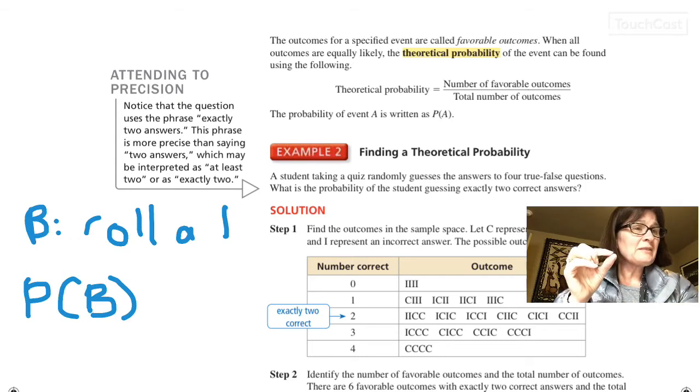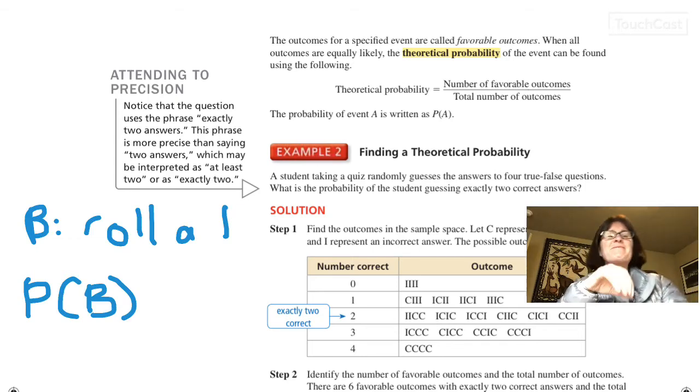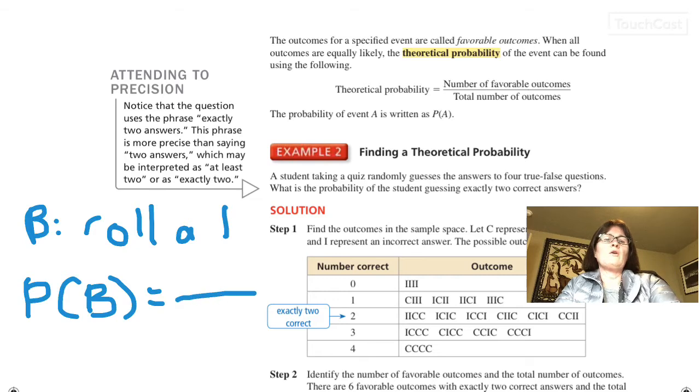It looks a little like function notation. It's not the same as function notation. But nor does it mean to multiply. This is a special probability notation. We would say the probability of event B is the one way you could roll a 1 divided by the 6 different ways you could have a die roll come out.